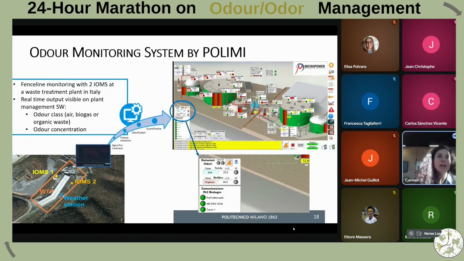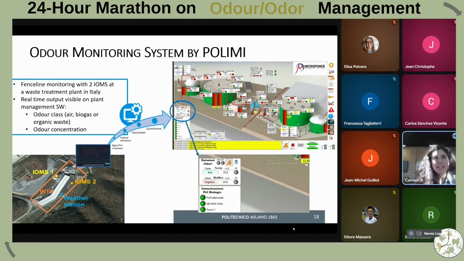We were able to implement it in the control room of the plant, showing the real-time outputs that the two instruments installed at the fence line provide over the monitoring periods. We decided to show the information about the odor class detected by the two IOMs, plus the estimation of the odor concentration provided.